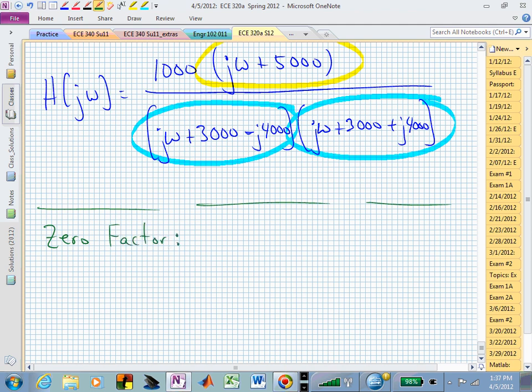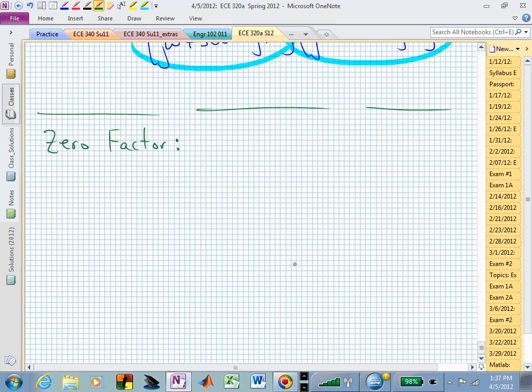at that particular point, let's just do it in general. I have a 0 at minus 5,000. And let's say this is now some number, j omega. So this was j omega plus 5,000.